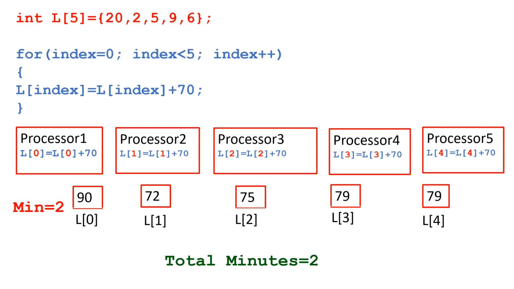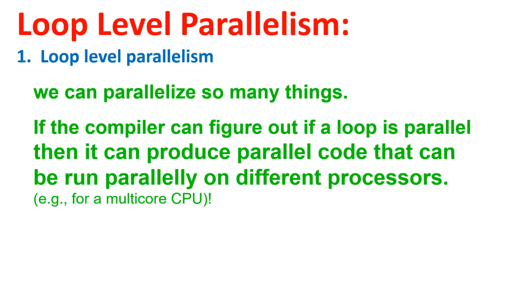So you have seen how it recognizes the type of parallel tasks. So what is loop level parallelism?